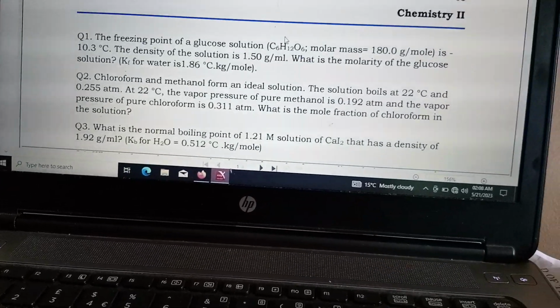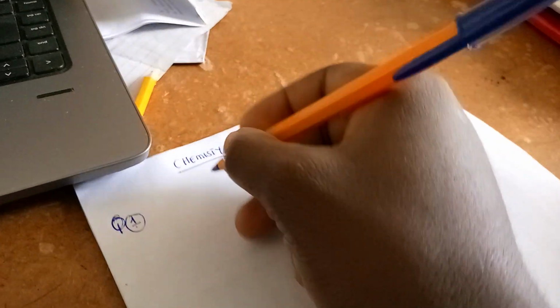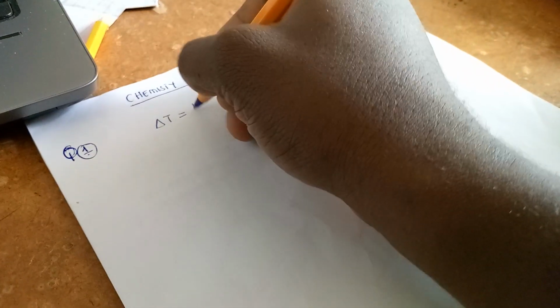So guys, we know the formula, which is this, multiplied by molarity.